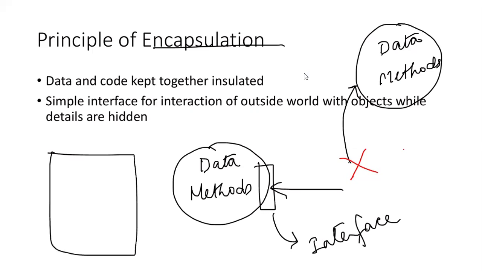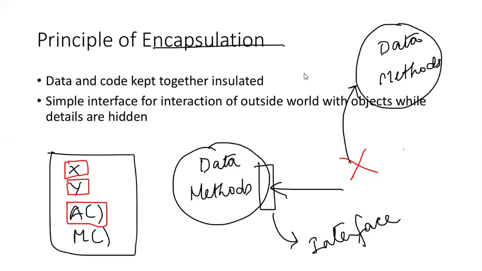Suppose I have data X, data Y, method A, and method B inside an object. Now I want method A not to be accessible from outside, so I'm marking it in red. Similarly, I don't want X and Y to be accessible from outside.